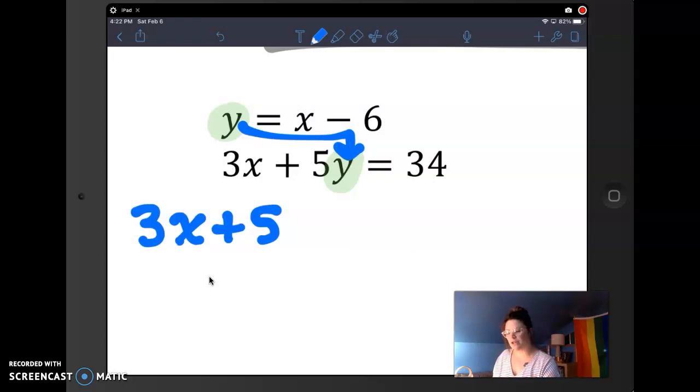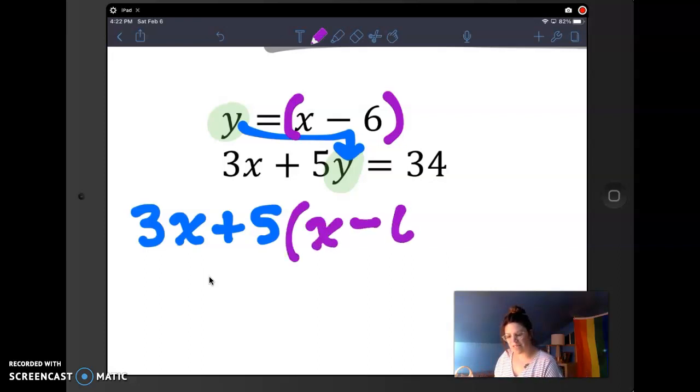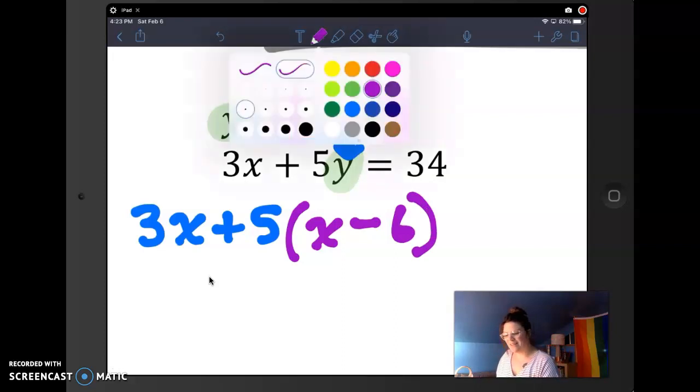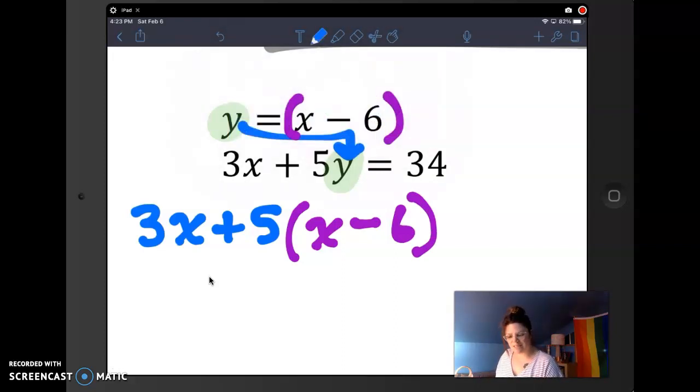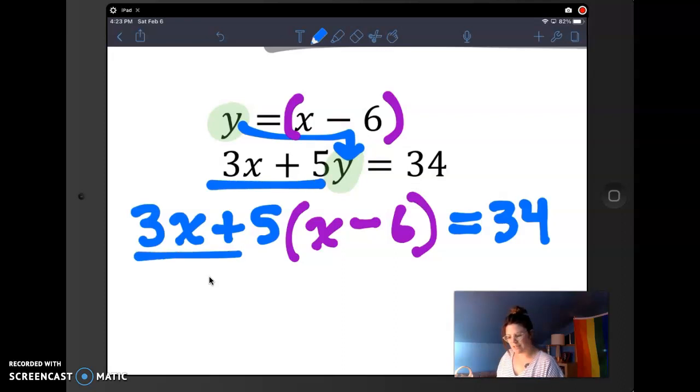Look back up at the other equation. The other equation is equal to x minus 6. Same idea as 2 stacks of 50 cents. We're going to replace the y with the x minus 6. And then we're going to keep writing until we get to the end of the equation. So here is this.